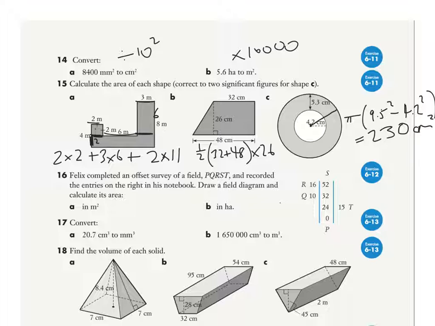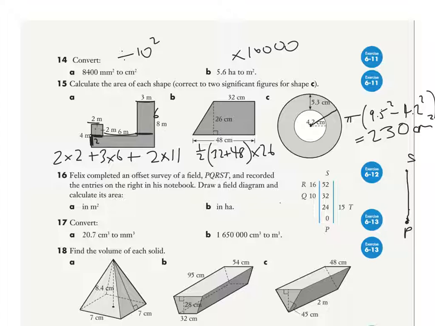Okay, the offset. Alright, so we need to start at P. We go 52 meters to S, but we don't write that on there.